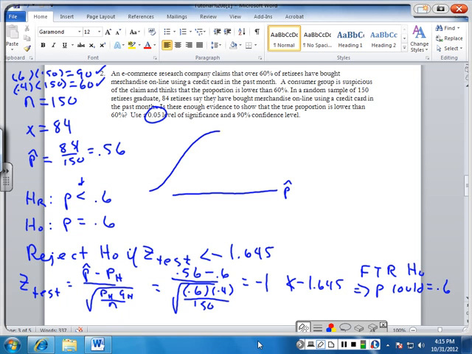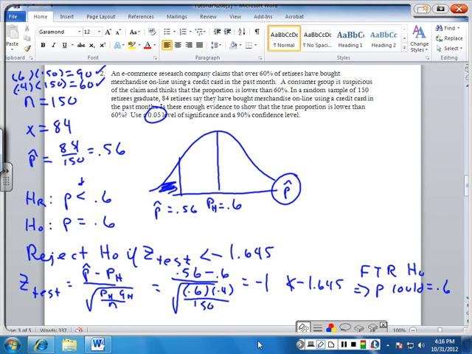Sampling distribution. Make sure you get the statistic on the axis there. The center is from our hypothesis, and then we find here p hat is equal to 0.56, and our p-value will be out here.